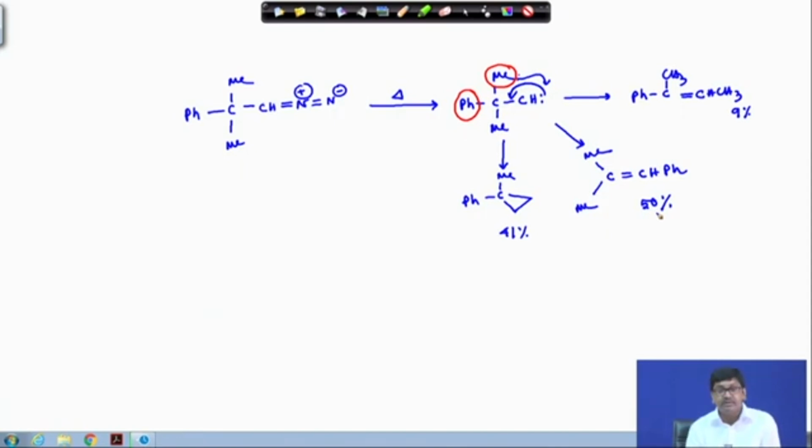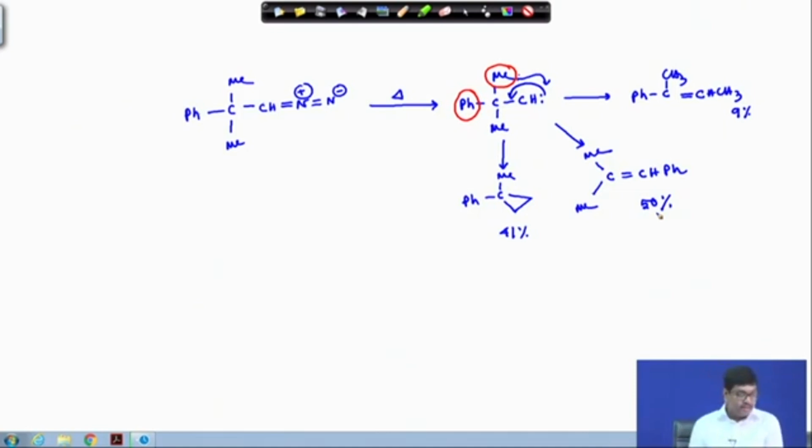So, you see that different types of reactions are possible in this type of particular substrate where beta hydrogen is absent, and it gives a mixture of products. As we expected, cyclopropanation happened and there is possibility of migration, and as there are two different types of groups which can migrate in this rearrangement, we see these two groups migrating.